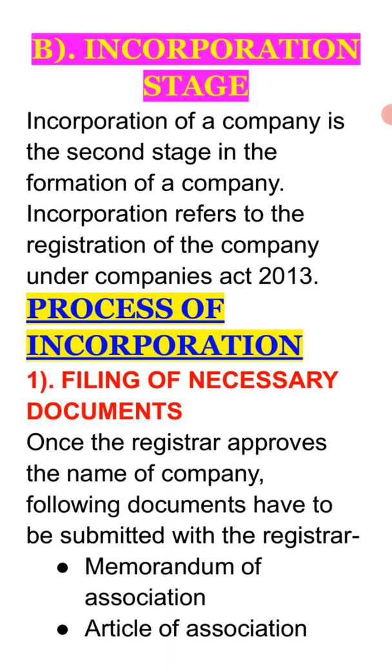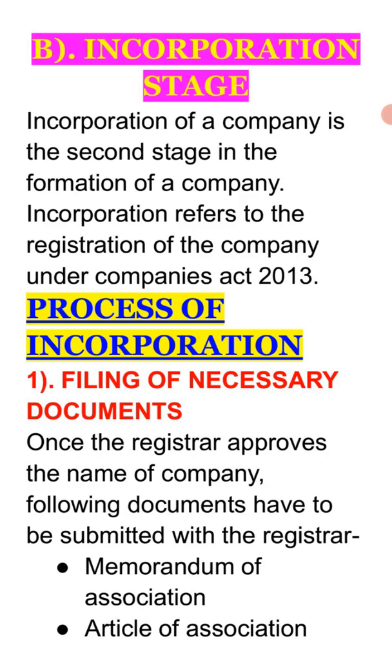And the next topic is the process of incorporation, or the steps under the incorporation stage. The very first is the filing of necessary documents. Once the registrar approves the name of the particular company, as soon as the name is approved, some important documents are also to be submitted to the registrar.